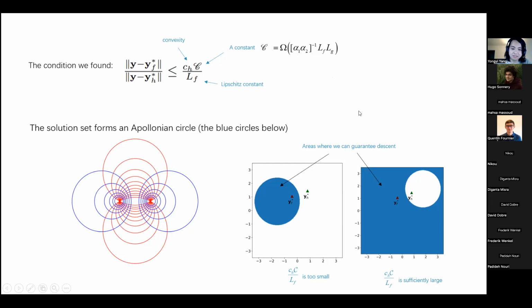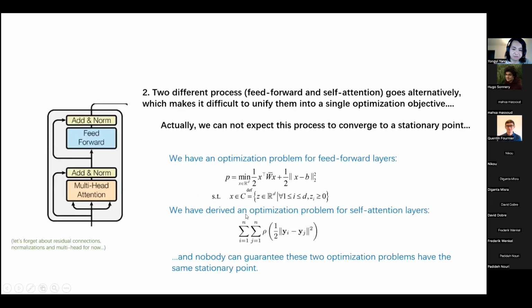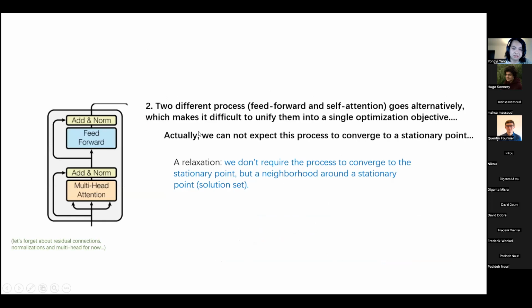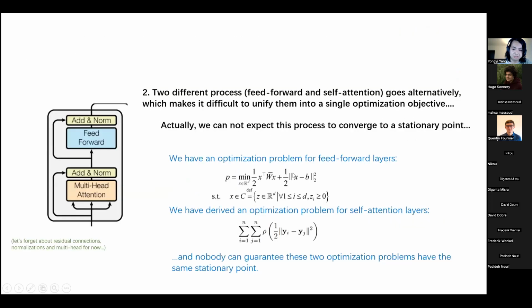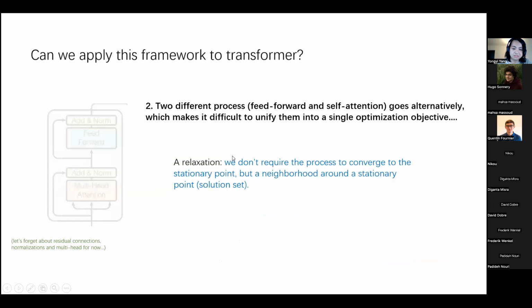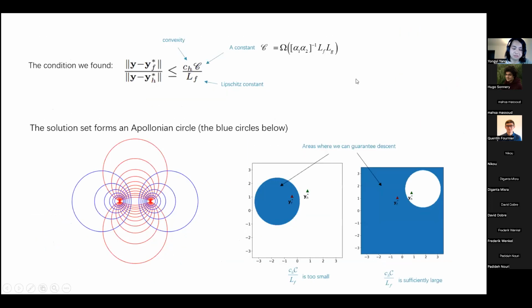So this is how we want to handle this alternating optimization problem. This is a general case, and we can apply our two different objective functions into this general framework, substituting f and g to be this function and this function, and we can get a result for transformers.